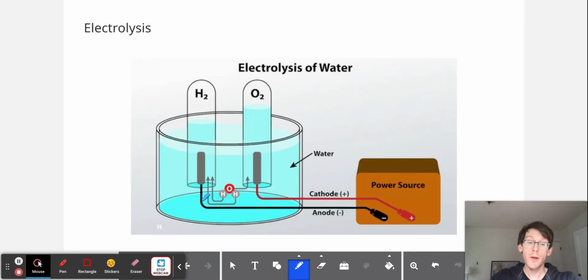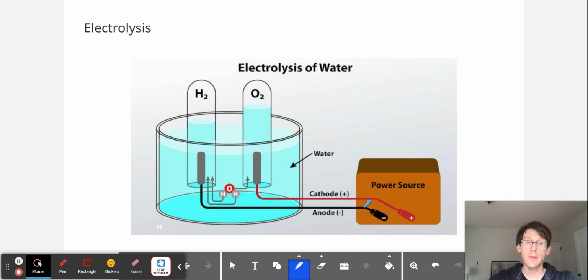And the way to separate a compound into its different elements is through decomposition. A classic form of decomposition is known as electrolysis. And here is a bit of a diagram for it. We have some water, and the water being formed of hydrogen and oxygen, it will be separated into hydrogen gas and oxygen gas using a battery.